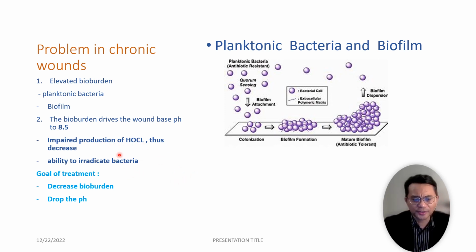Because remember earlier in our discussion that the production of hypochlorous acid has to happen in a low pH or acidic environment, because you need the protons to produce a lot of hypochlorous acid. Now your goal of treatment in chronic wounds will be to decrease the bioburden and to drop the pH. Okay, so let's keep going.